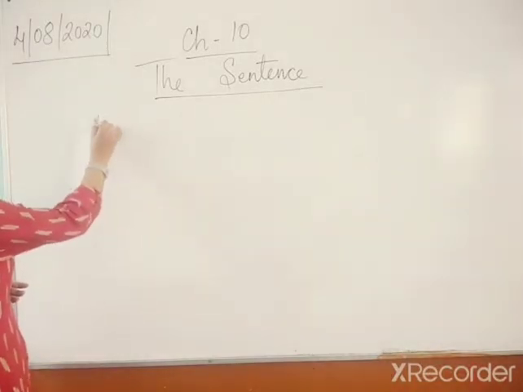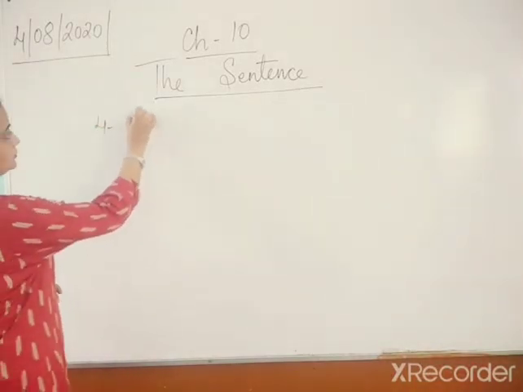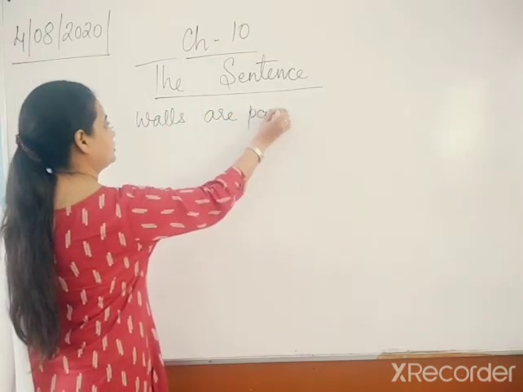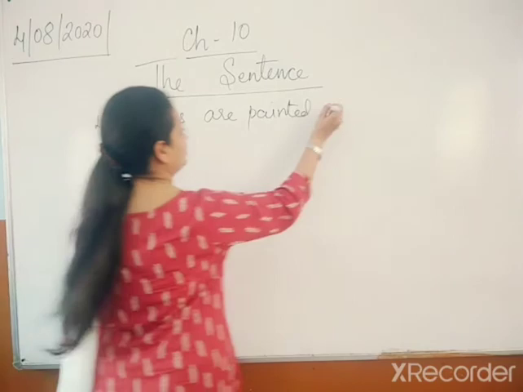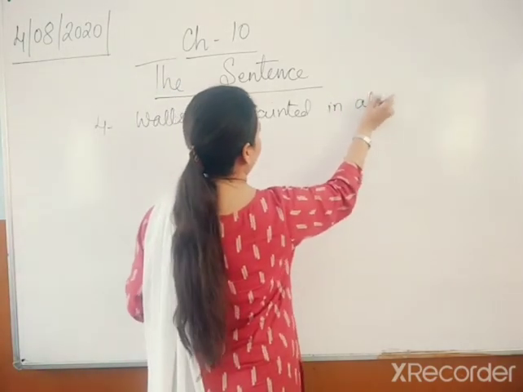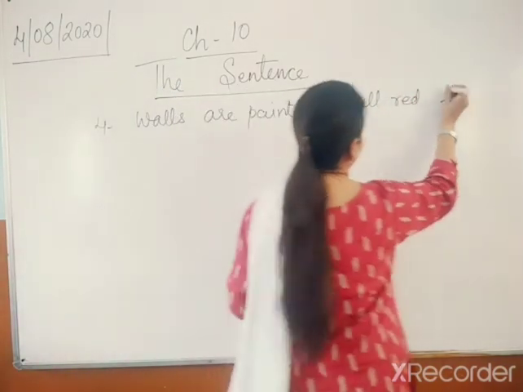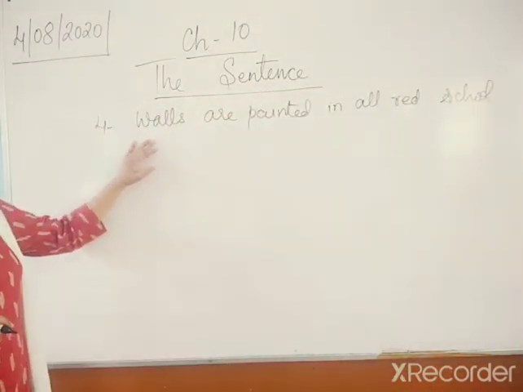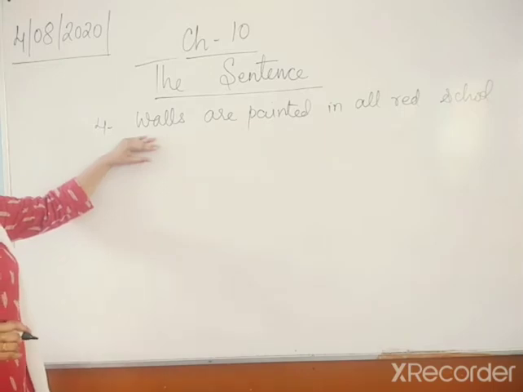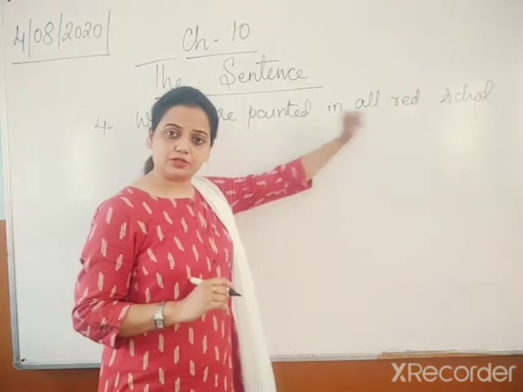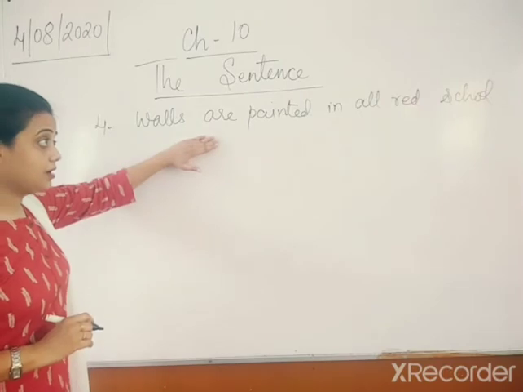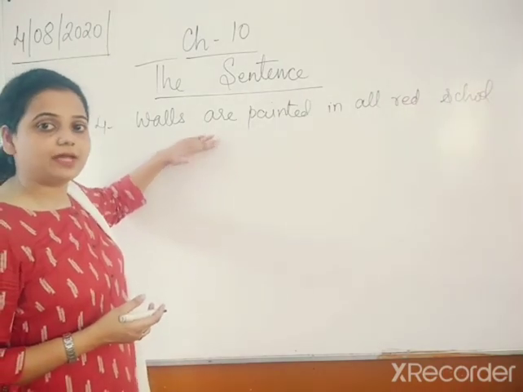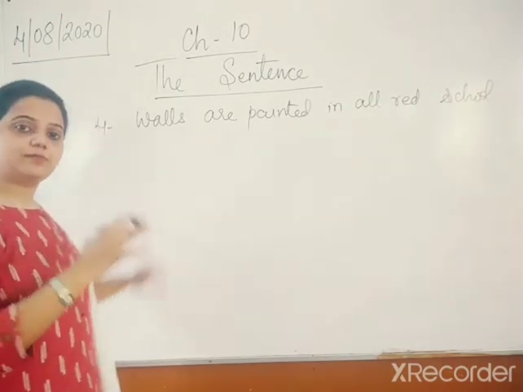Now let's see the fourth one. Walls are painted in all red spoon. Now you can see it's not beginning with a capital letter, it's not ending in a full stop. So shall we call this a sentence? No, because it's not having any sense, not having a meaning. So now let's make it a meaningful one.